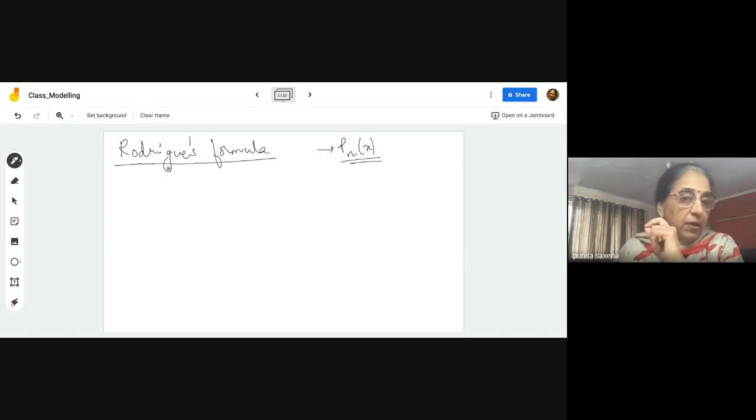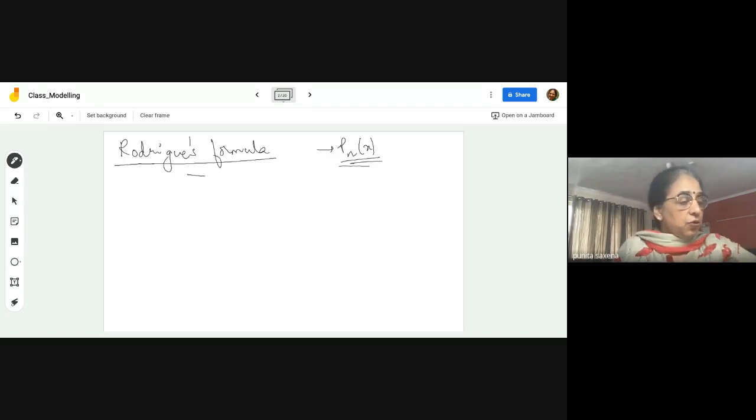What we are going to do now is derive the Rodrigues formula as well as prove that the Rodrigues formula leads to the same expression of P_n(x) that I gave yesterday. So these are the two things that we have to do.